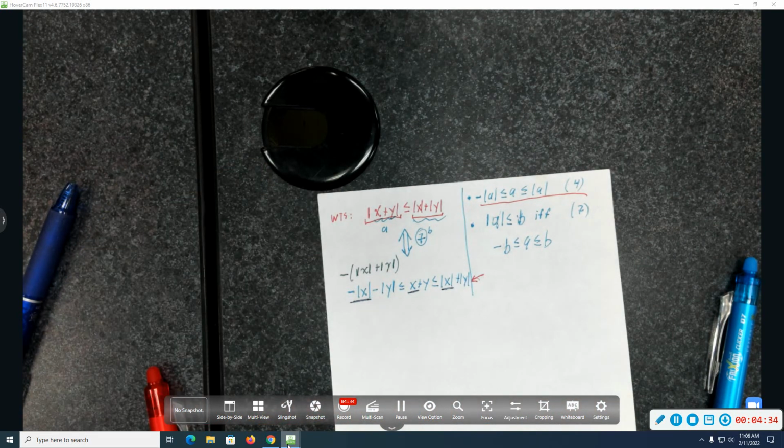So if it was just negative x, and then negative absolute value of x, and absolute value of x, do those satisfy the needed inequality? What if it were just the terms with the y's? Yeah, and that's by item 4. Do we have a result saying inequality satisfies some additivity condition? I think we heard something like that last time. Oh, neat. So I think that tells us what the proof should look like.